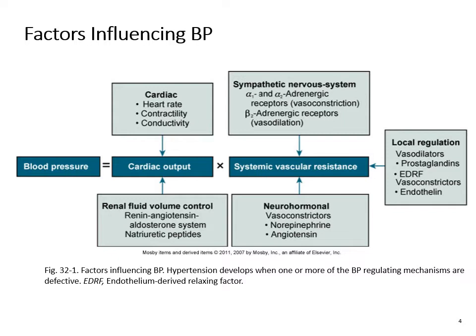Each vascular bed has local regulators, chemicals that can alter the size of the arterioles in that area. These are things like endothelin and nitric oxide, NO, that you may have heard of. These are local. So you can see there's a lot of regulation of blood pressure from this slide.